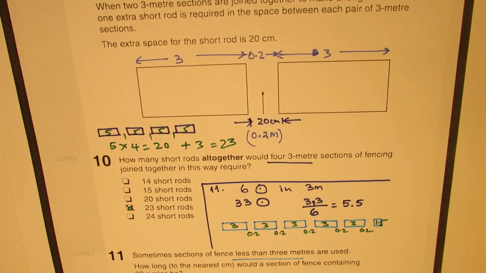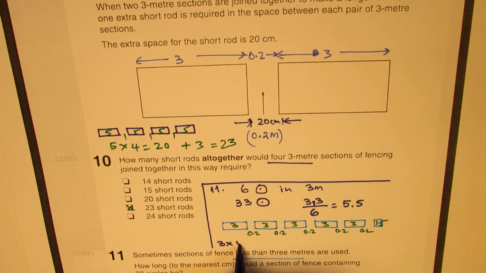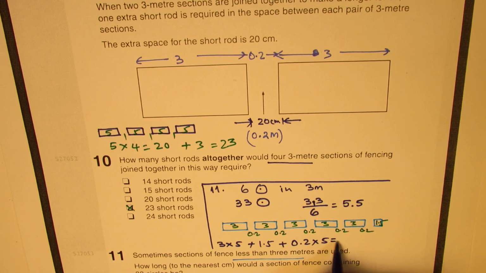So what could be the total length? Add them all and get the result. Clear? So that is how we are going to find it. So we have 1, 2, 3, 4, 5. So 3 times 5 plus 1.5 and then 1, 2, 3, 4, 5, 0.2 times 5, correct? So we have 3 times 5 is 15 plus 1.5 plus 0.2 times 5, which is 1.